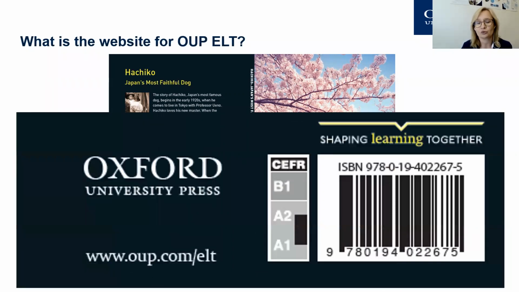For those who don't use Oxford books, it's probably worth writing down the basic homepage address, and then most of the other resources can be found based on this general address.